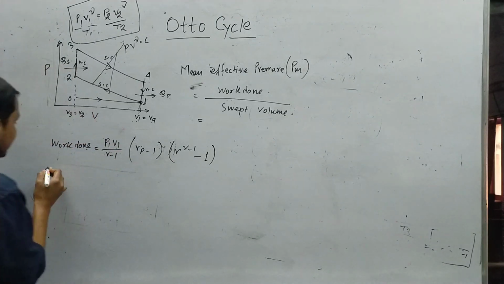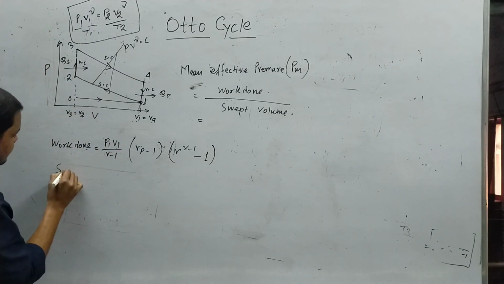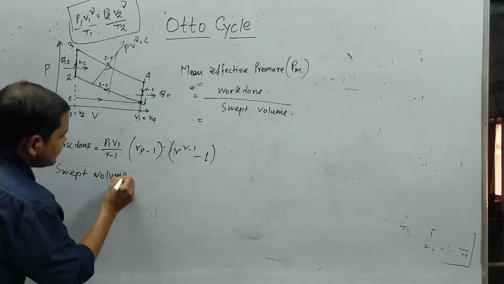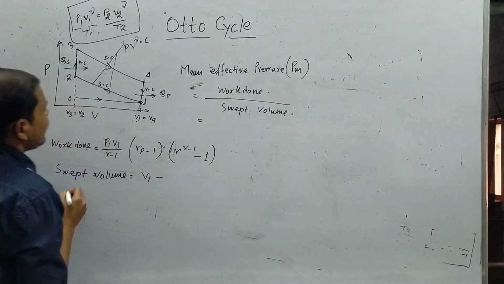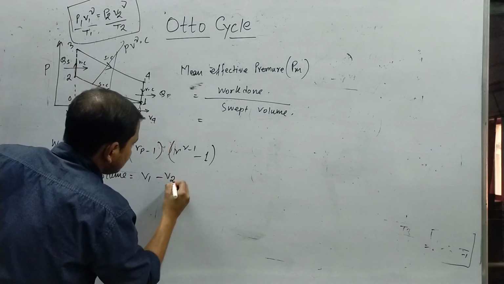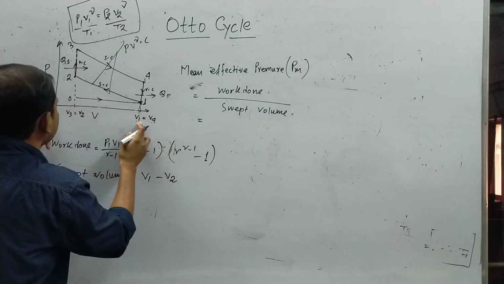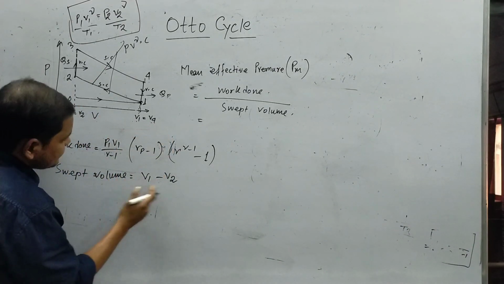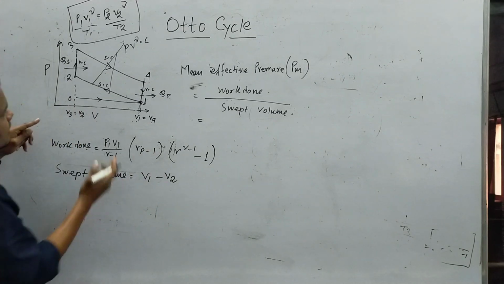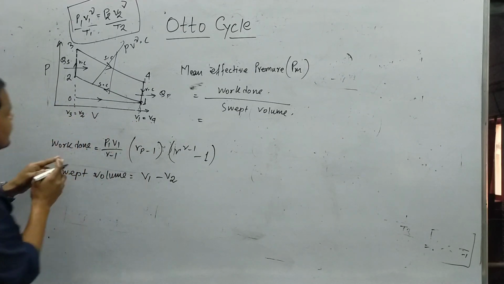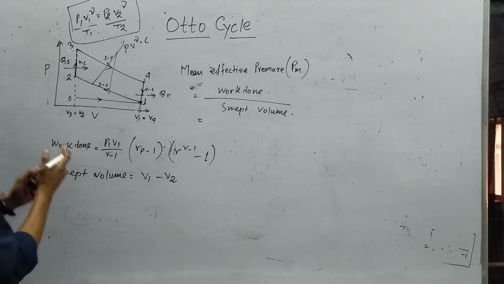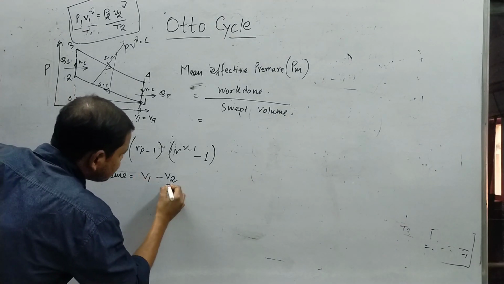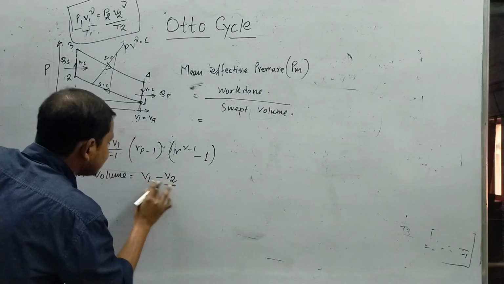So swept volume is defined as the total volume minus the clearance volume. Total volume is V1, which is equal to V4. V2 and V3 are both the clearance volume. If we deduct the clearance volume V2 from V1, we get the swept volume.